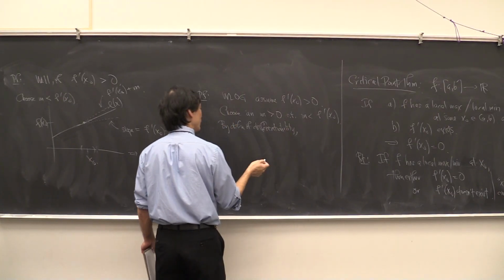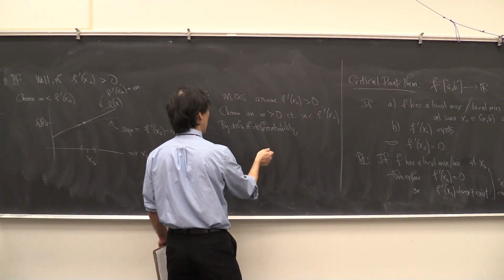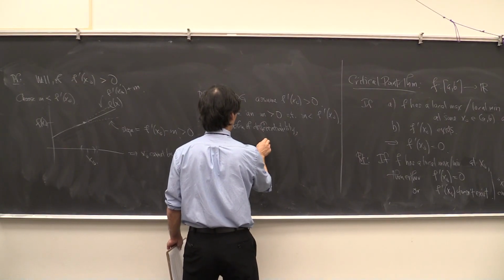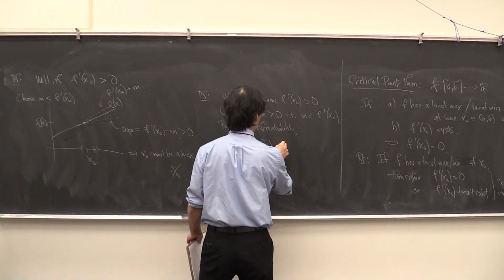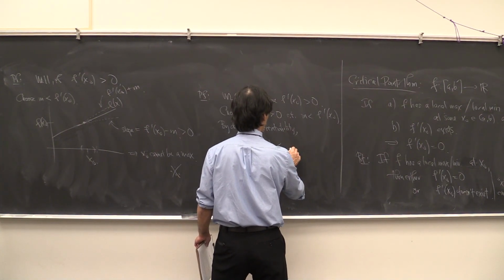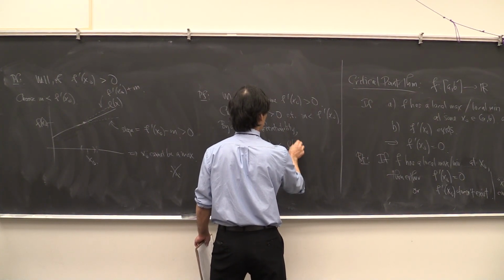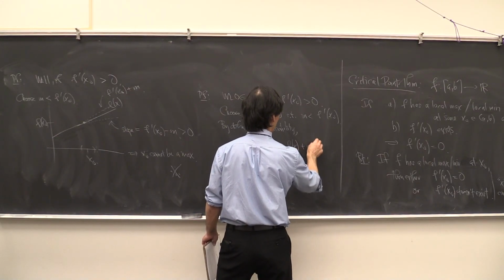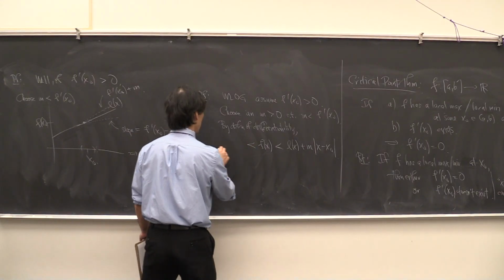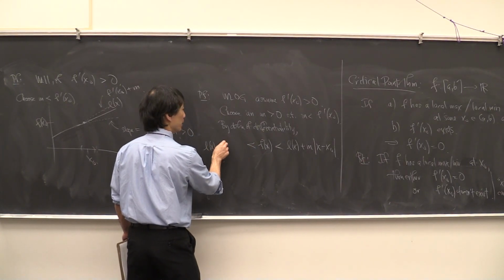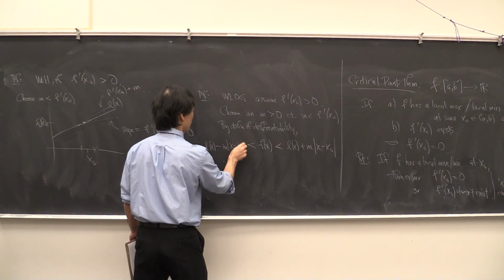By definition of differentiability, we know that f is trapped between the linearization plus m times x minus x naught and the linearization minus m times x minus x naught.